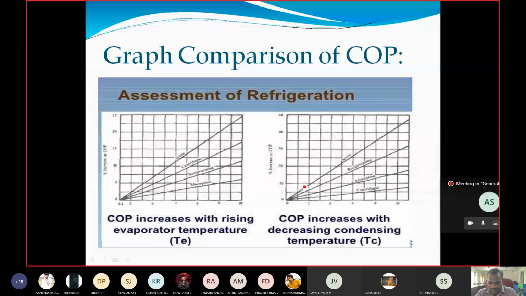right? So in your syllabus, we need to compare the COP of refrigeration. Here the COP increases with the rising evaporator temperature. We know the formula: COP of a refrigerator is output by input. So here it is T_L, T low, divided by the change in temperature.